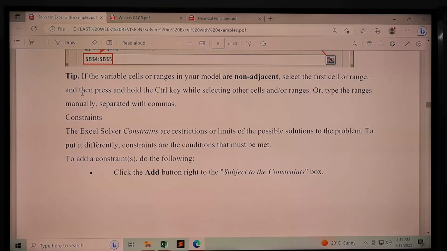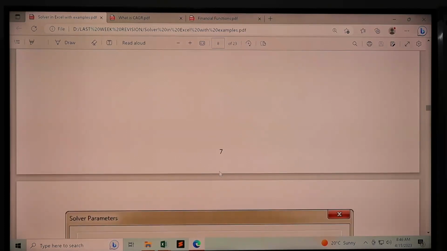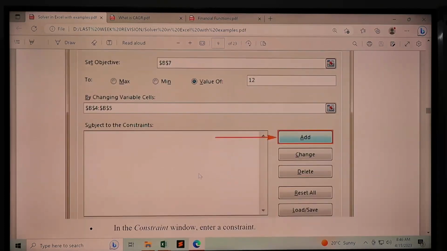And in this case, you're supposed to set those conditions that must be met by adding them. And we add this in the constraint box that is provided for us. The constraint dialog box is the box down here. So we're going to do that.